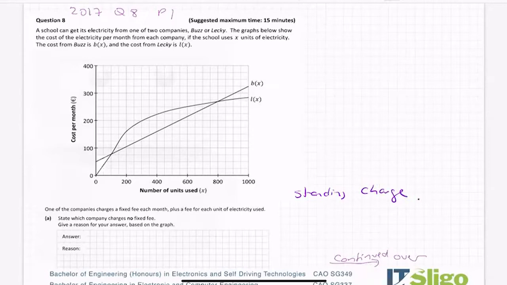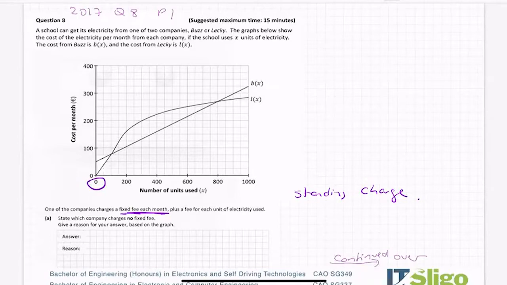This is that as well. It's a fixed fee each month, or a standing charge. How you figure out what your standing charge or fixed fee a month is, is when you use no units. So what does that mean?